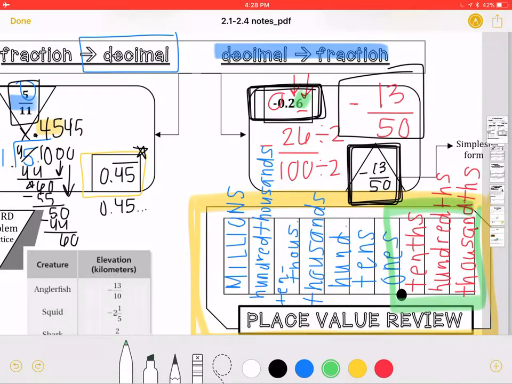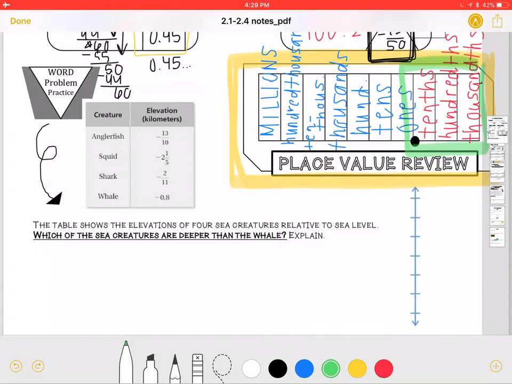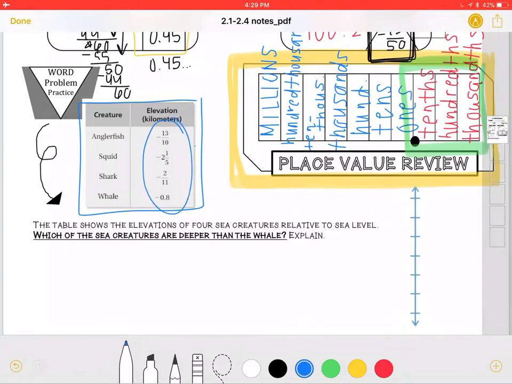Alrighty, so we're going to get lots of practice with that. Our last thing here, we want to know which of the sea creatures are deeper than the whale. We have all of these creatures in this table here: our anglerfish, our squid, shark, whale. In order to compare positions, they have to be in the same form, either all fractions or all decimals.